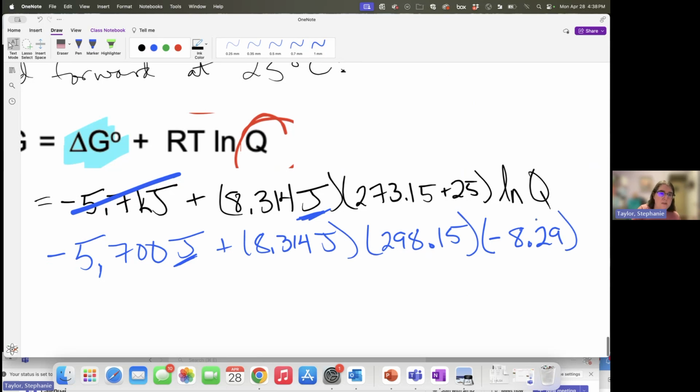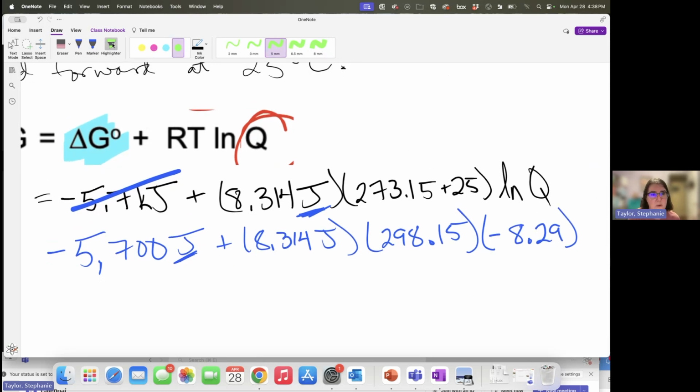Before I do any other math, my delta G standard gave a negative number. My natural log of Q also gave a negative number. So when I put all of this together, I should expect this to basically already be still spontaneous, but even more so than what I started with.